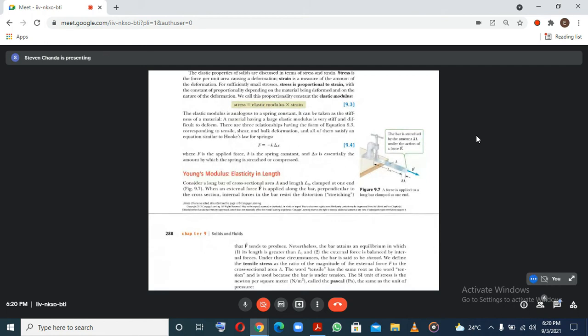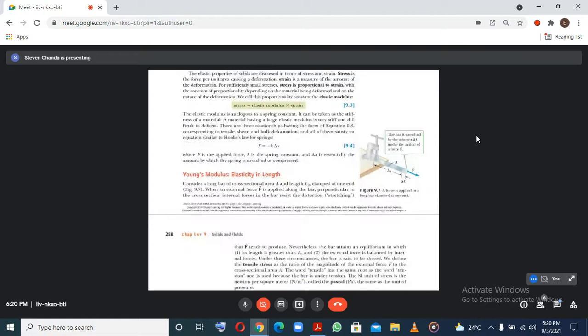Now, these are two things which people usually get mixed up. So stress is pressure causing a deformation, or in other words, force per unit area causing a deformation, which is the same because force per unit area is pressure, right?